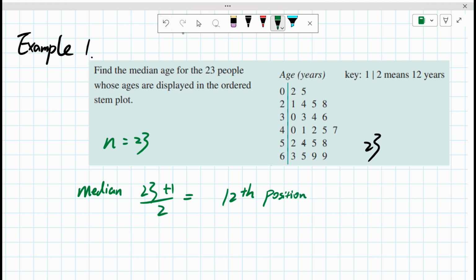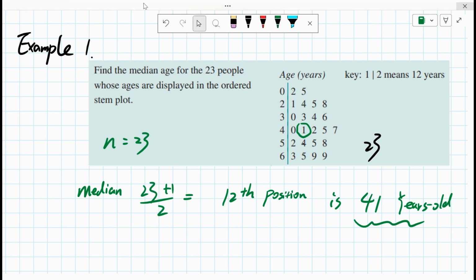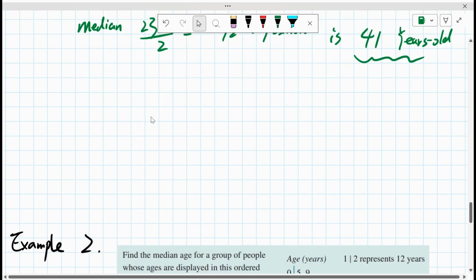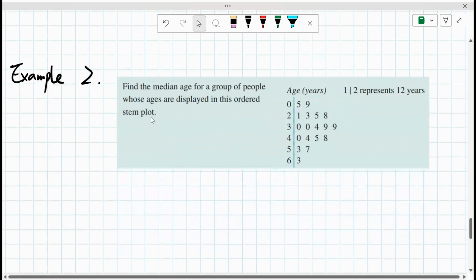So 1, 2, 3, 4, 5, 6, 7, 8, 9, 10, 11, 12, which is 41 years old. Okay, perfect. All right, let's have a look at another example.